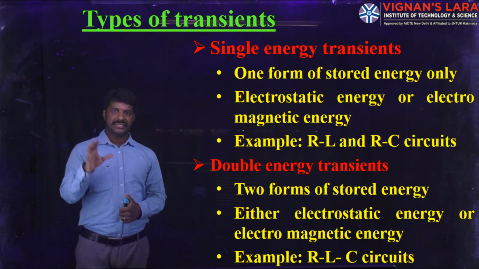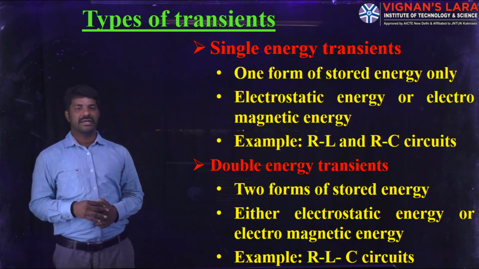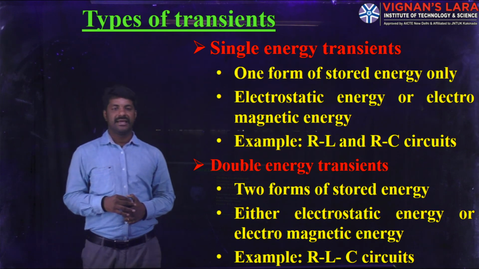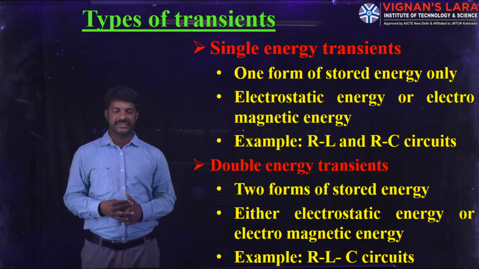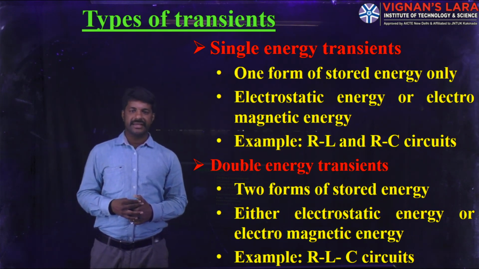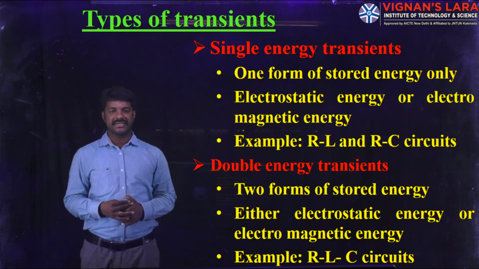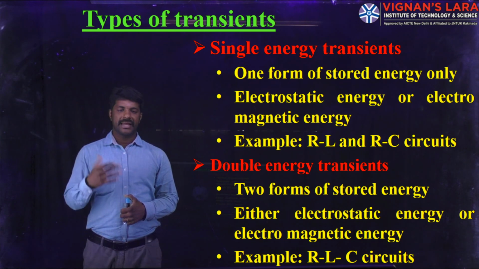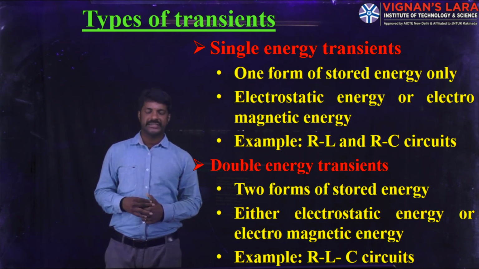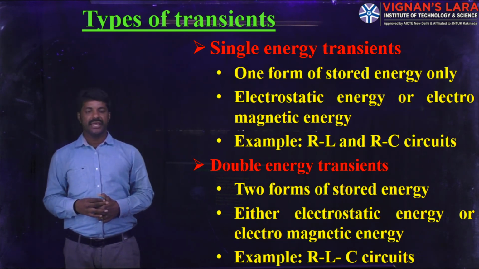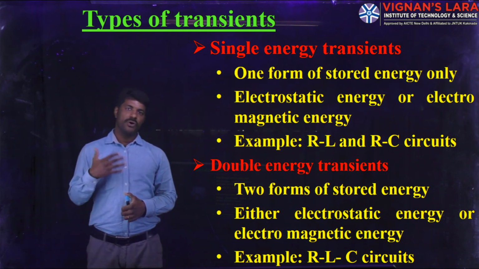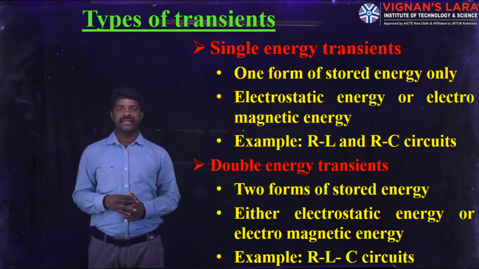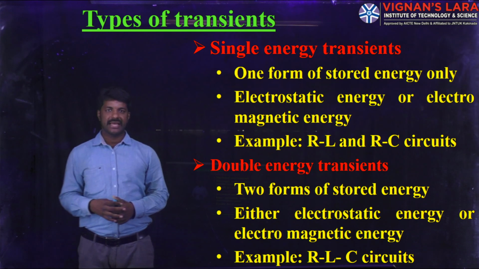So an RL circuit comes under single energy transients, and RC in the same fashion. Whereas the second category is double energy transients. The name itself says that the magnitudes of voltages and currents change due to the existence of both energy storing elements like inductor and capacitor. An example is the RLC circuit.